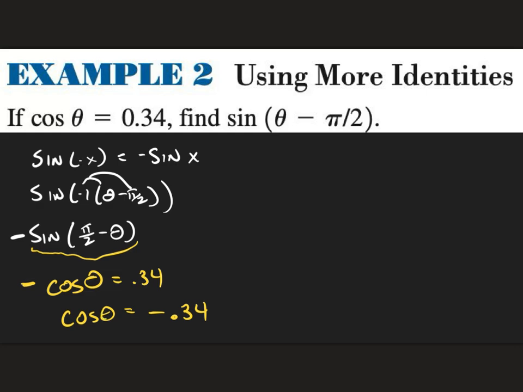So theta could be 0.34 or negative 0.34, which gives us the same angle. So basically, if your angle is over here, then you had your reference angle. And we know that the cosine is the x value. And you get the same thing over here.